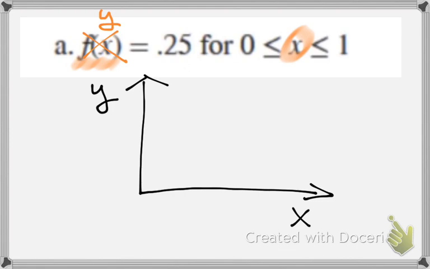So it's telling you that y, not f of x, because again, it really means the same thing, is equal to 0.25, and that x is, remember, old school, I know it sounds kind of immature and juvenile, greater than 0, because the alligator is eating the x. So x is greater than or equal to 0, and less than or equal to 1. So basically x is between 0 and 1.